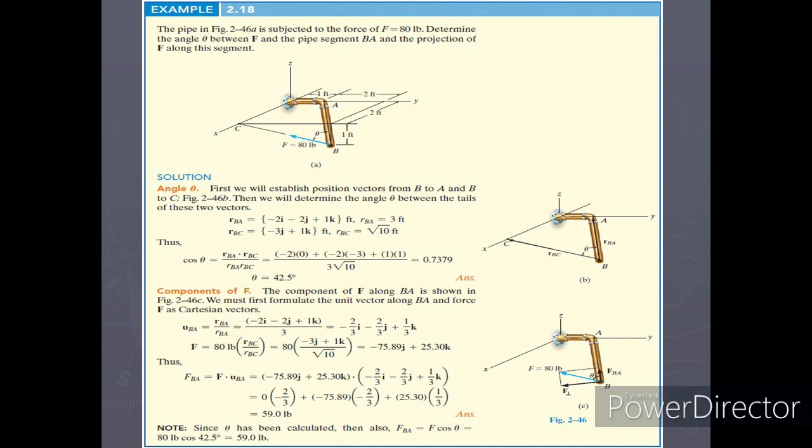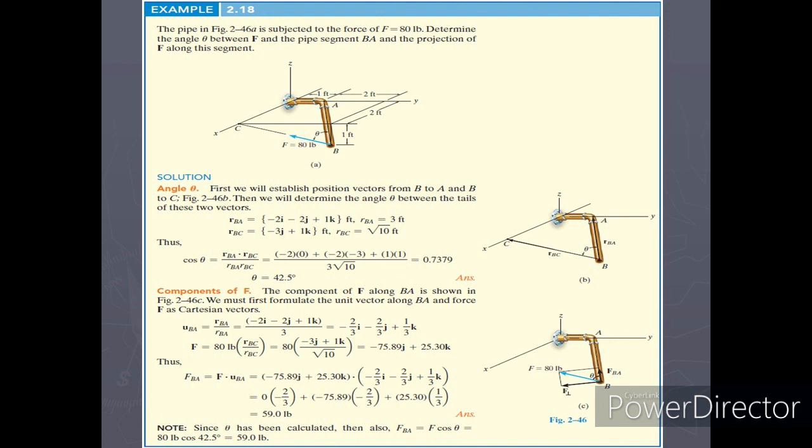What is BA? BA means how do I move from point B to A? How many units do I need to travel on the x-axis, y-axis, z-axis? Simple. From point B, I first move up, which is plus 1k.